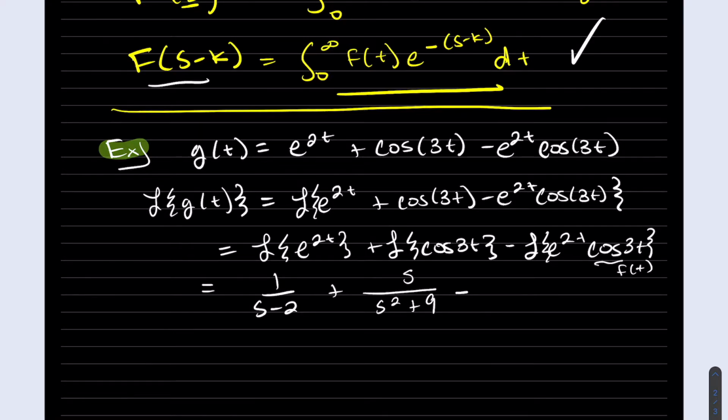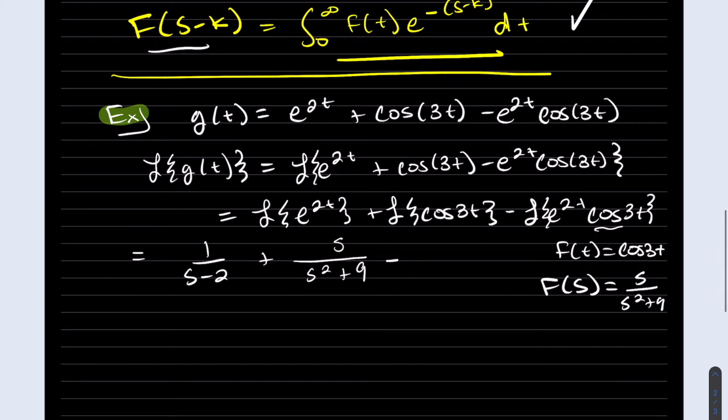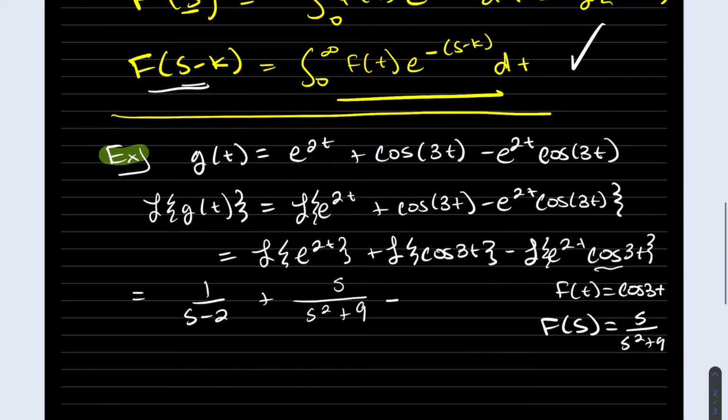And so the intermediate, we might want to label that, so F of s. Okay. But we want F of s minus k.